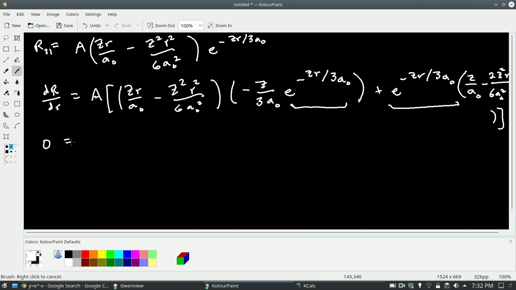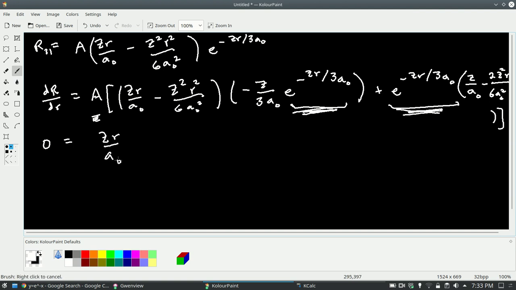So 0 equals, now I'm going to remove the a because a will never be 0. It has no r in it. And I'm going to remove this because I'm going to factor them out. But they will never be 0 because e to the power of negative something will never be 0. So I factor them out and I divide them on both sides and then they're just gone. Right?